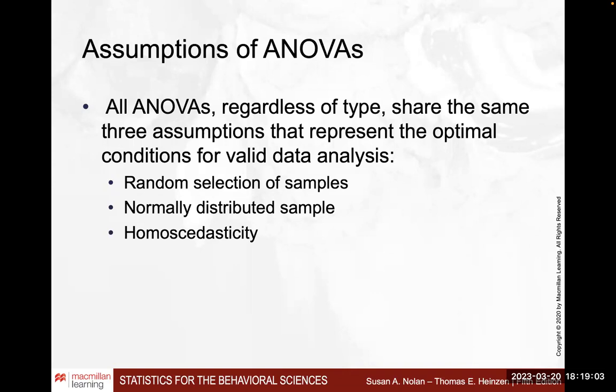Homo means same or equal, whereas hetero means different. So homoscedasticity talks about equal variance between the groups. That means that the variance is somewhat comparable between all the groups, all the levels of your independent variable. And that essentially should not exceed 20%. That's the rule of thumb.